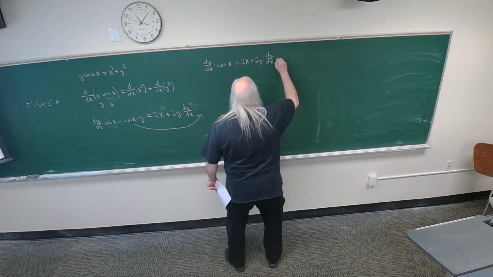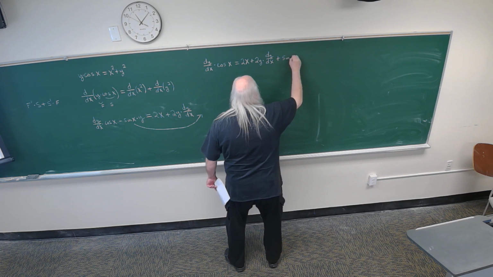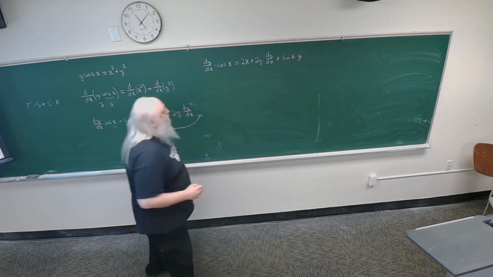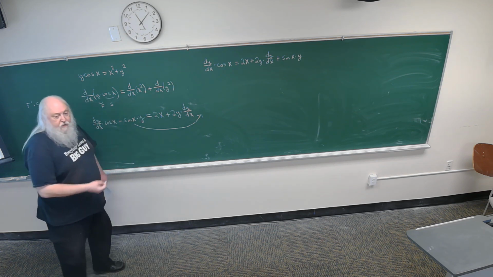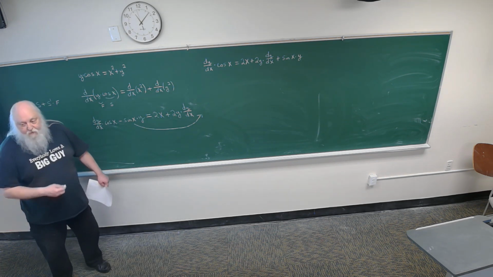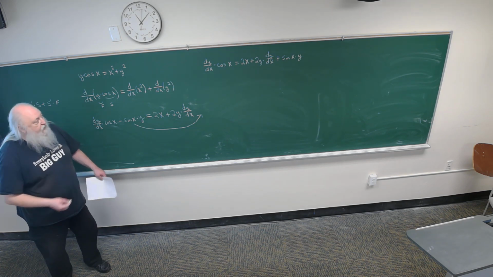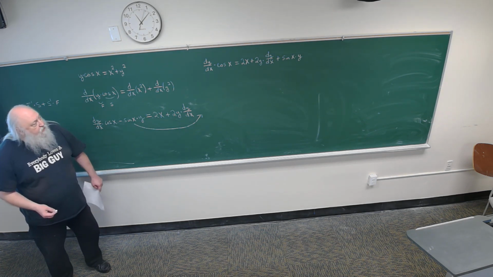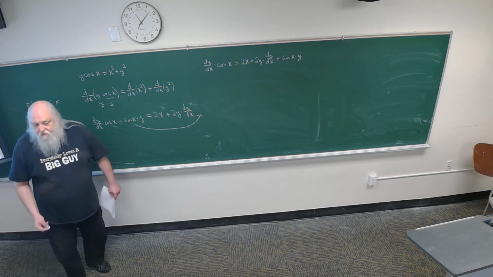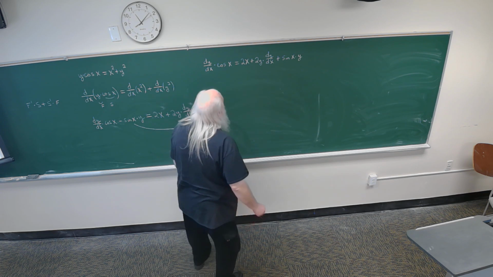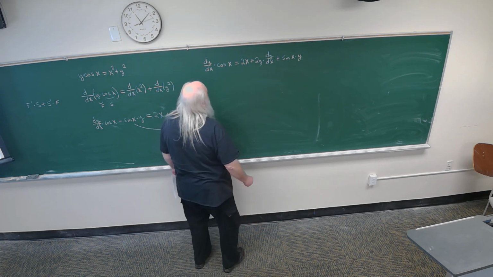Plus the sine of x times y. Okay? Now, when you're doing this problem in WebAssign, right, you can do 2, 3 steps at a time, right? You don't have to do one at a time like I'm doing now, right? Just be very careful with the addition and subtraction. Okay. All right.